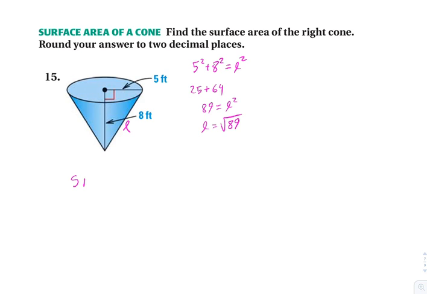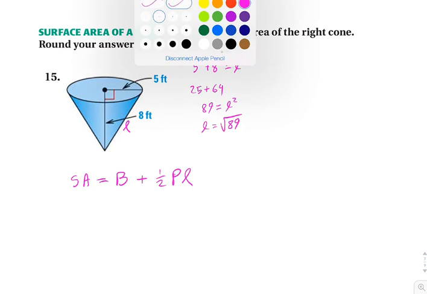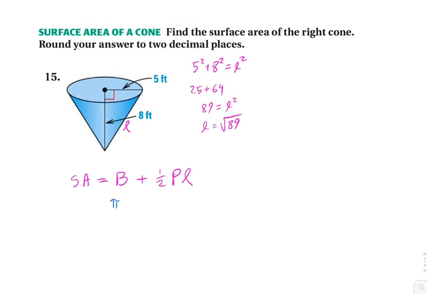And I know my entire surface area is the area of the base plus 1/2 circumference or perimeter times slant height. So in blue here, I get pi r squared, or pi 5 squared, plus, and up here it was 1/2 2 pi r times L. The 1/2 and the 2 cancel.